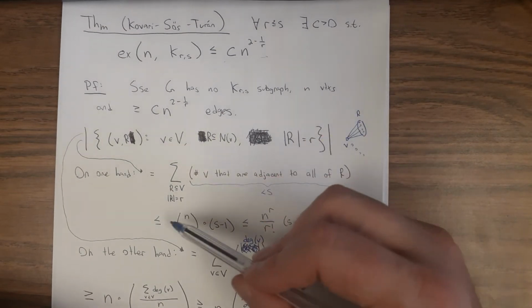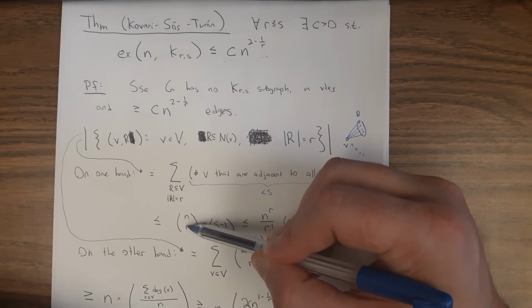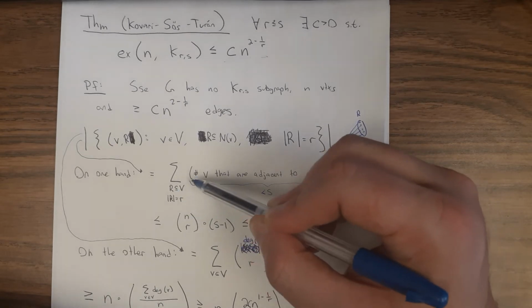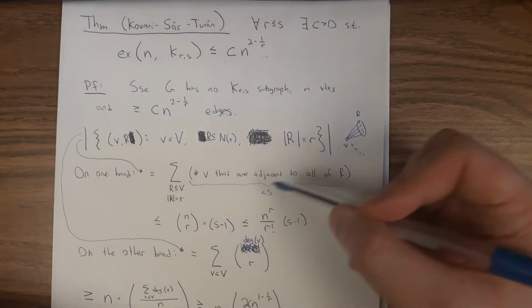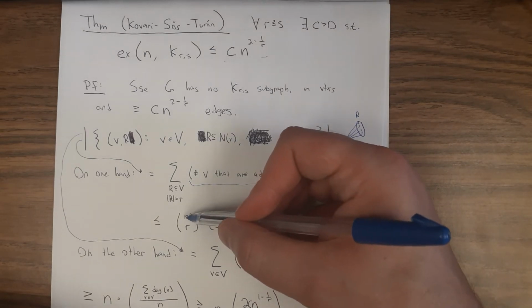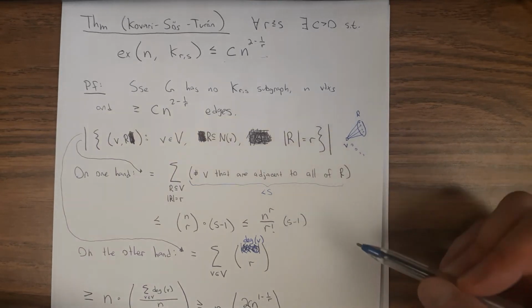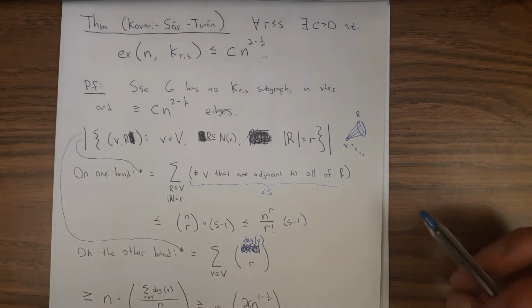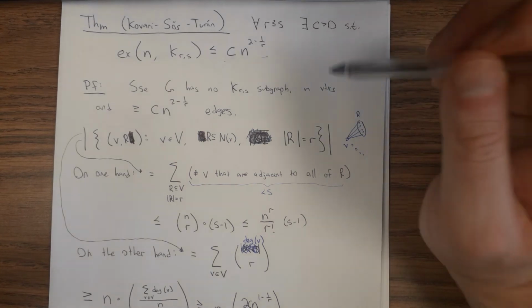So this sum is less than or equal to, okay, how many terms are there? There's n choose r terms, because I just have to choose a set of r vertices. And each term is at most s minus 1. Then I'll just use a simple estimate. Last time we talked about the fact that n choose r is less than or equal to n to the r over r factorial. So I just did that. Okay, that's one bound that we have on this number of pairs.